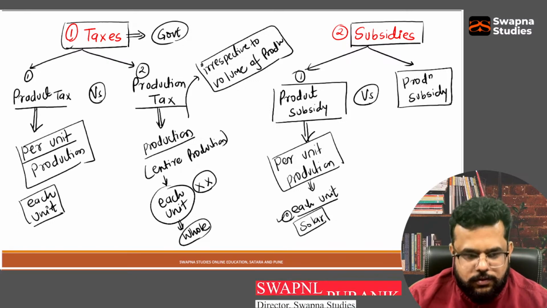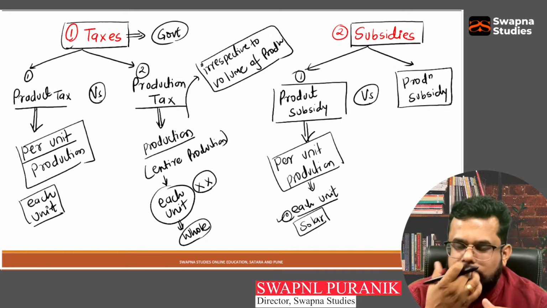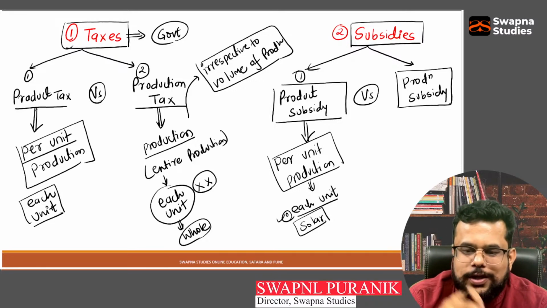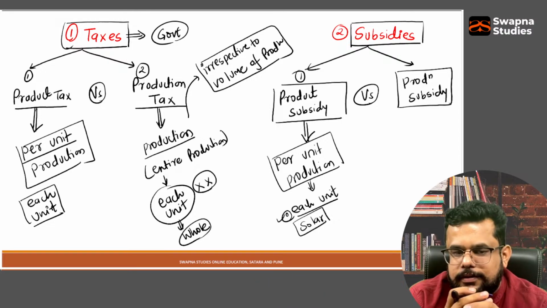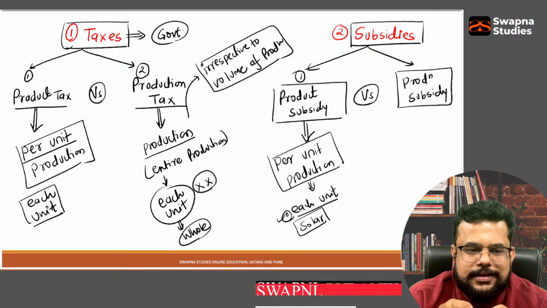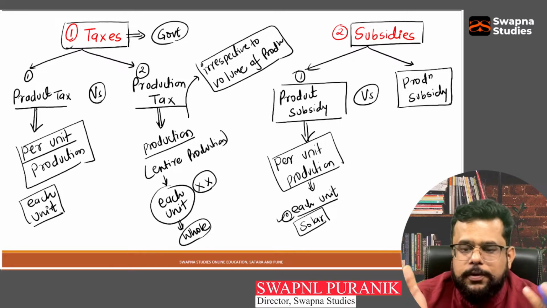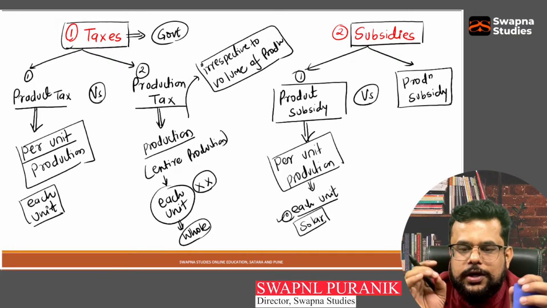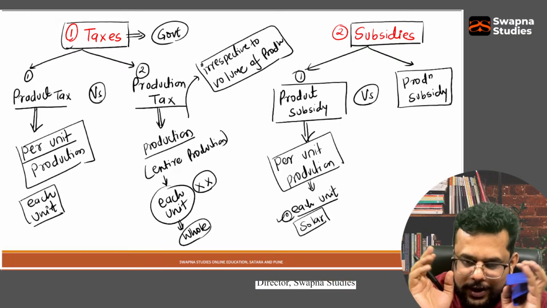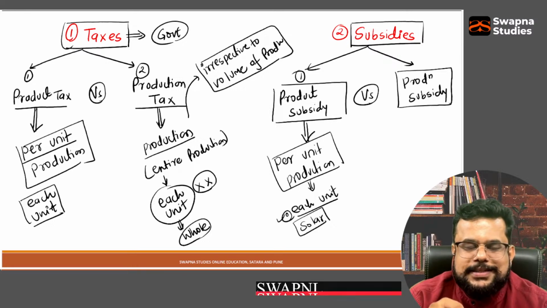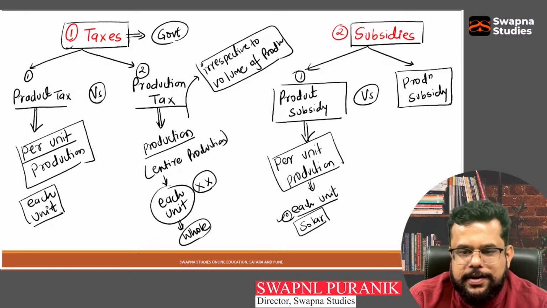ओके, ओके, ओके. The production tax is imposed on entire production. Production tax is imposed on whole production. It is not imposed on each unit. For example, the best example of production tax is property tax.